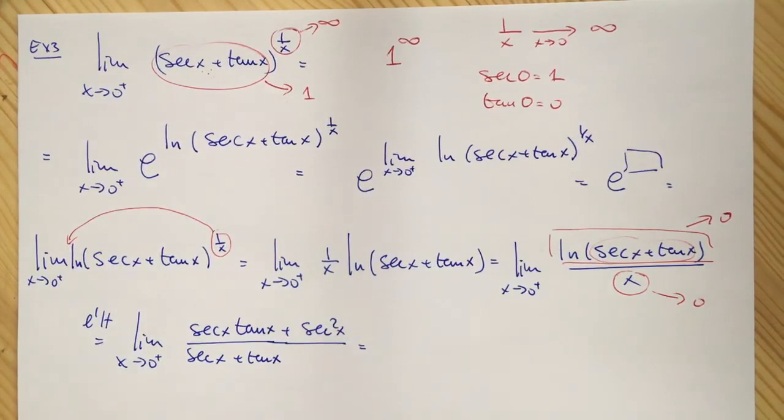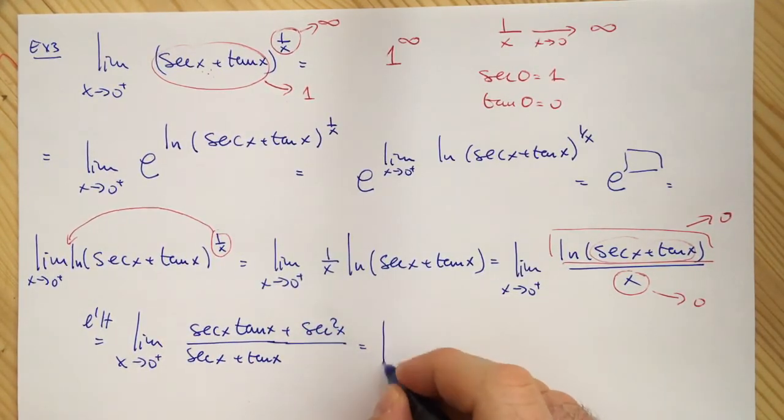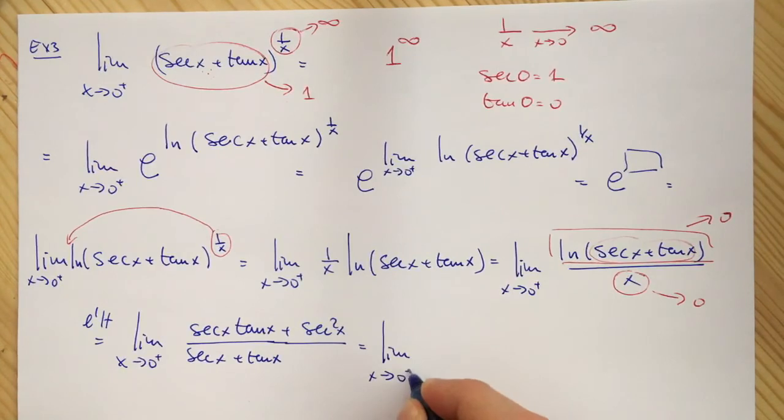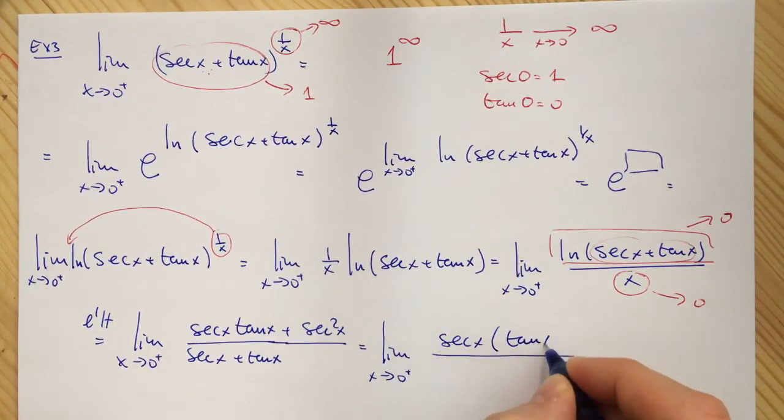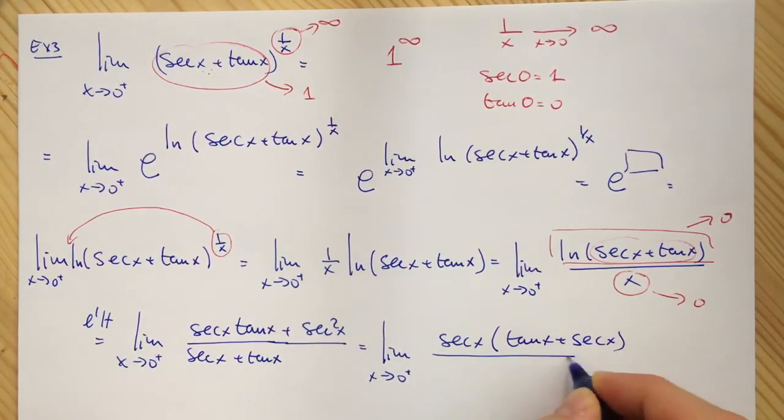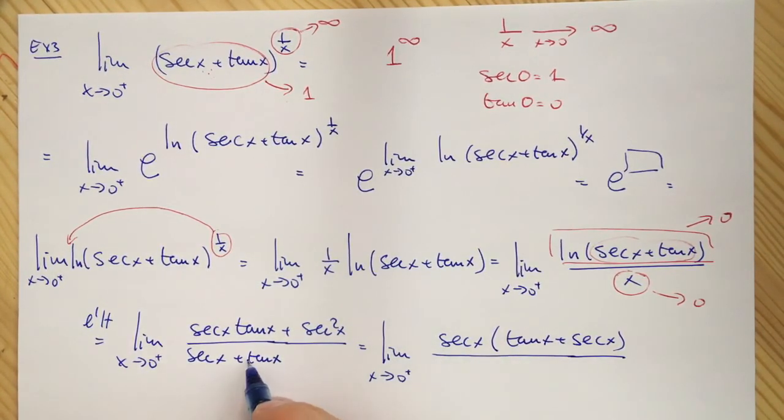Now I'm reminding you for the last time, after you apply L'Hopital's rule, check whether you can simplify the expression somehow. So what is obvious in the numerator is that I can factor out one factor of secant. So let's do that. And we're left with tangent of x plus secant of x over, I'm just going to change the order here to follow the same order as in the factor in the numerator, tangent of x plus secant of x.